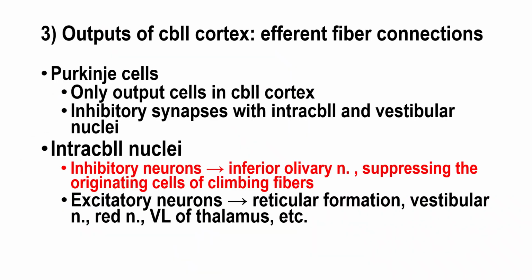Let's discuss outputs from the cerebellar cortex, efferent fiber connections. Purkinje cells are the only output cells in the cerebellar cortex, and their axons form GABAergic inhibitory synapses with the neurons of the intracerebellar nuclei and the vestibular nuclei.